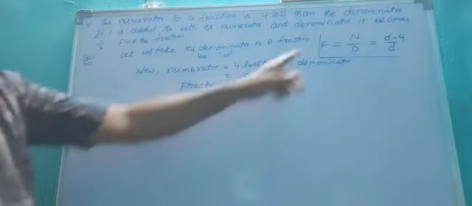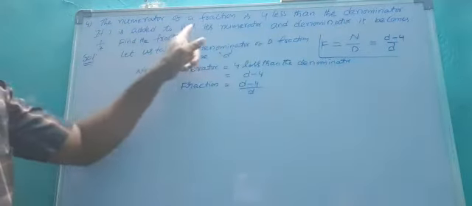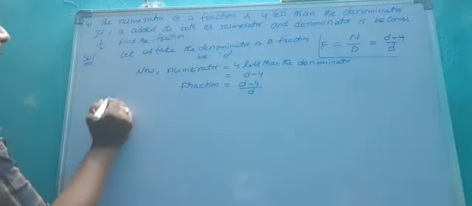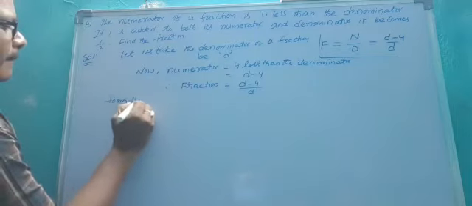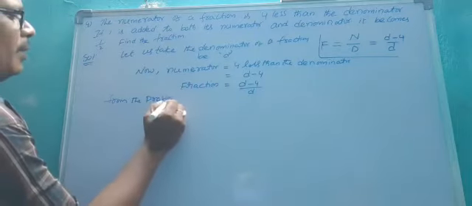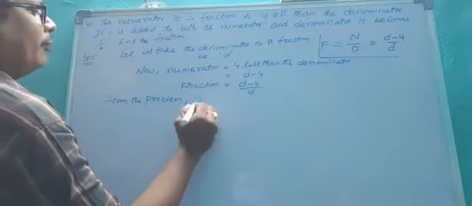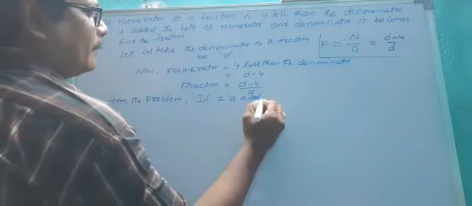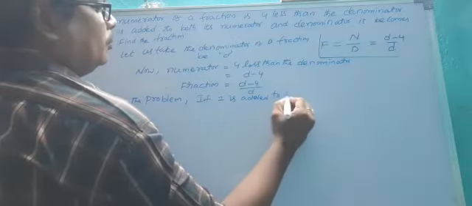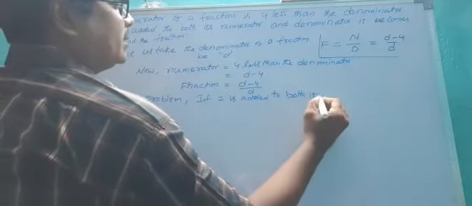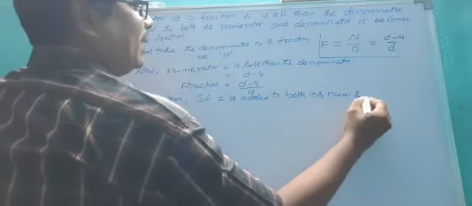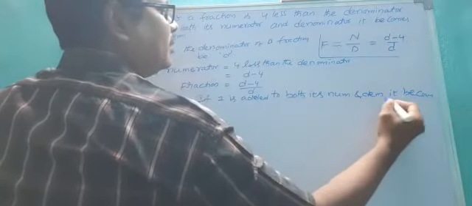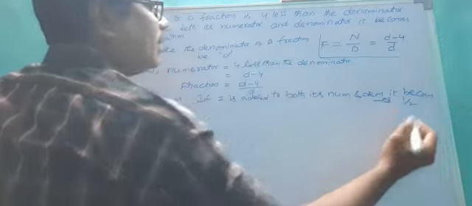From the problem, if 1 is added to both its numerator and denominator, it becomes 1 by 2.